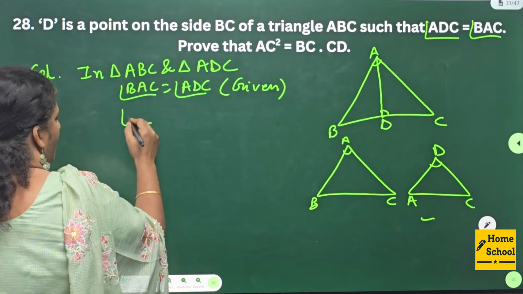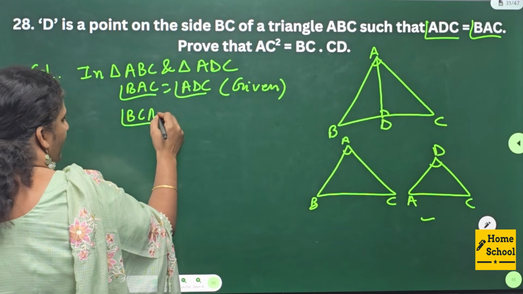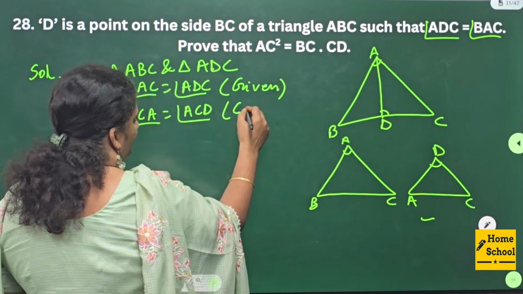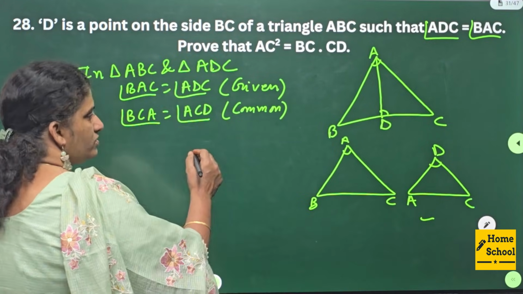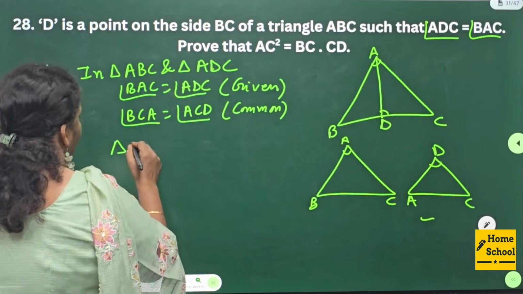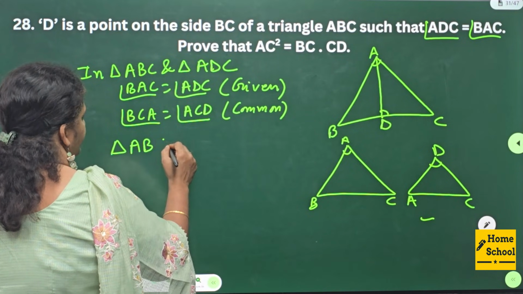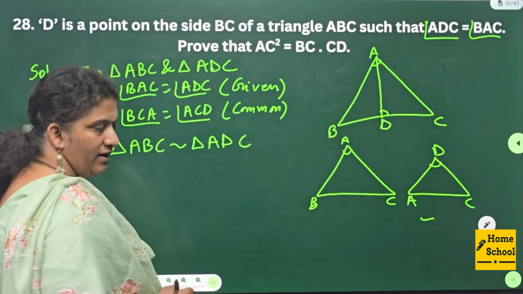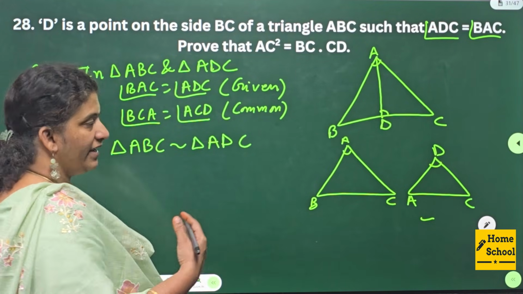Next, angle BCA is equal to angle ACD, common. So therefore the two angles are equal. So directly I can say that triangle ABC is similar to triangle ADC. If the two triangles are similar, then I can equate their ratios.